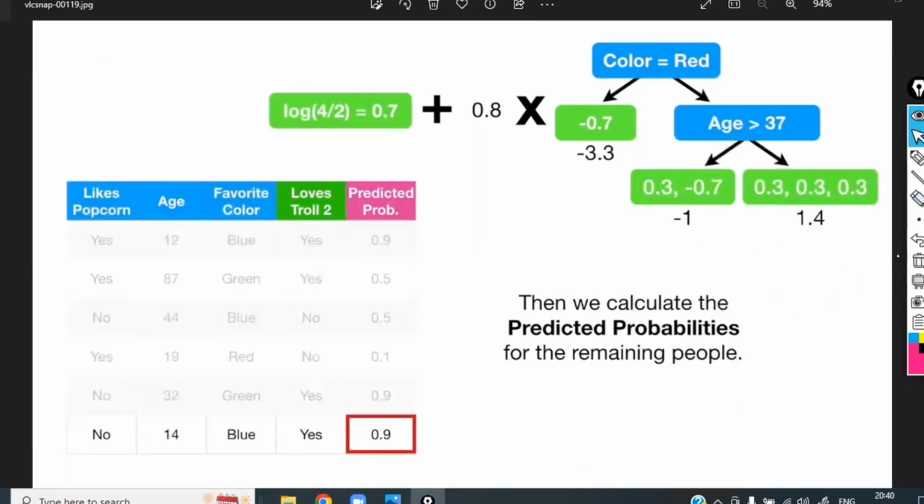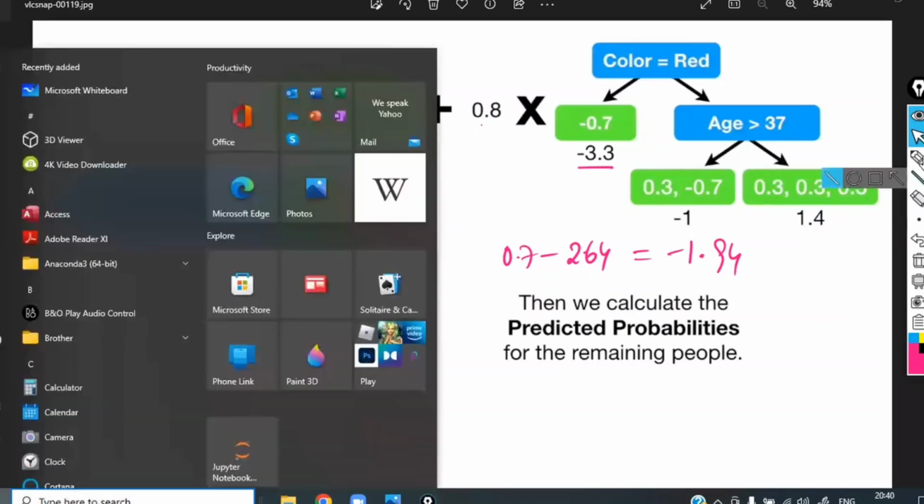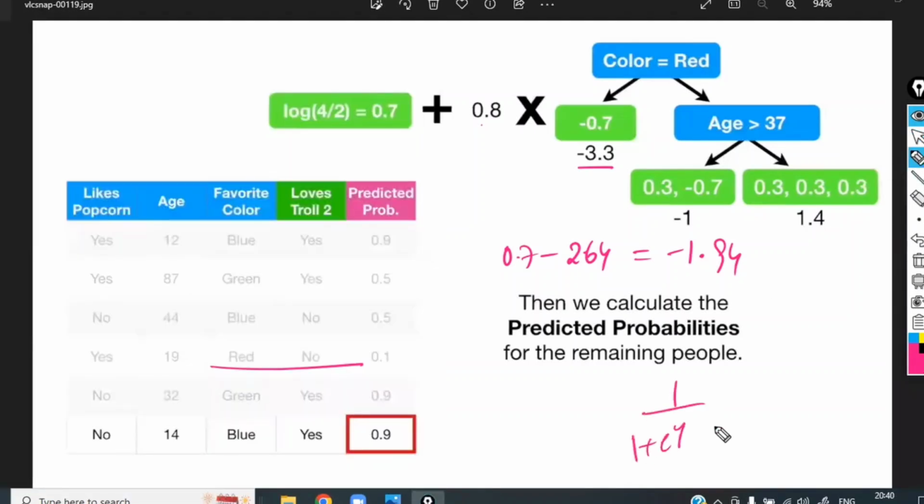Once again, please recalculate. Red color, the answer is minus 3.3. 3.3 into 0.8 is 2.64. 0.7 minus 2.64 is minus 1.94. Up to here it is okay. Otherwise we can take it like this: 1 divided by 1 plus e to the power of minus the log of odds, that is 1 divided by 1 plus e to the power of 1.94.